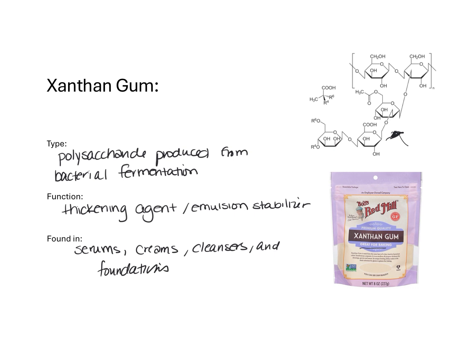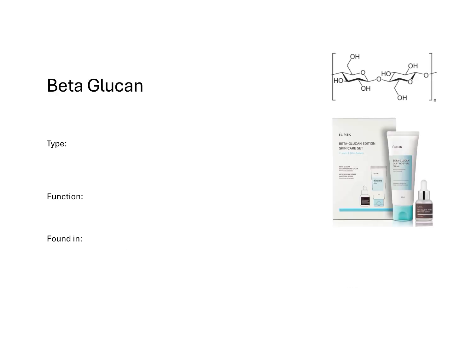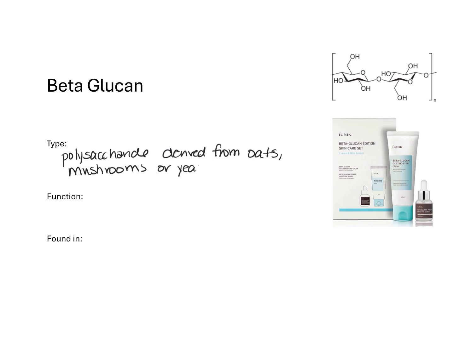Our next polysaccharide is beta-glucan. This is a polysaccharide that's derived from oats, mushrooms, or yeast. So those are the places that it comes from.